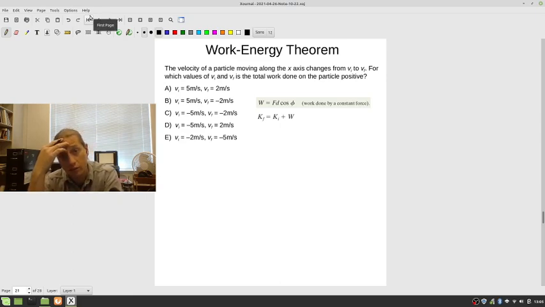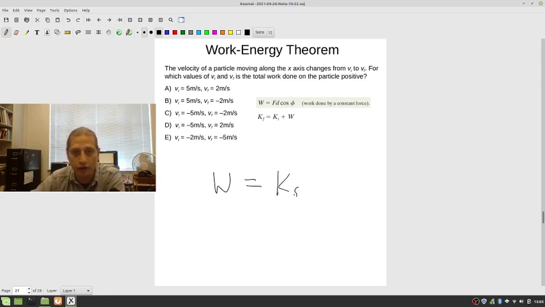Okay. Work energy theorem. The velocity of a particle moving along the x-axis changes from v initial to v final. For which values of v initial and v final is the total work done on the particle positive? Okay, so we have that the total work is your final kinetic energy minus your initial kinetic energy.